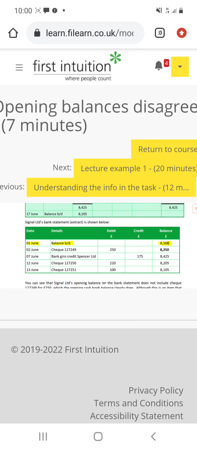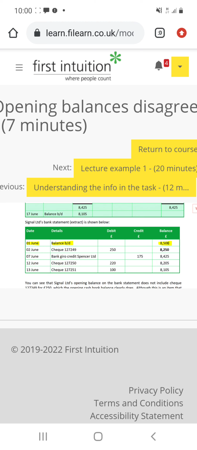In other words, there were things that we had included within our cash book in the last period because we knew we'd either received some money from a customer, say, or paid something out to a supplier, but it didn't appear on the bank statement until a few days later, slightly after the end of the period. That's all we're looking at here. They don't agree because there must have been a timing difference at the end of last period, which is then just causing this anomaly at the start of the next period.